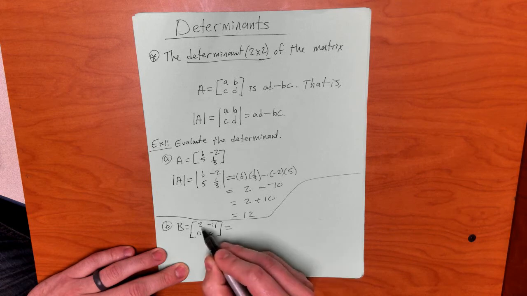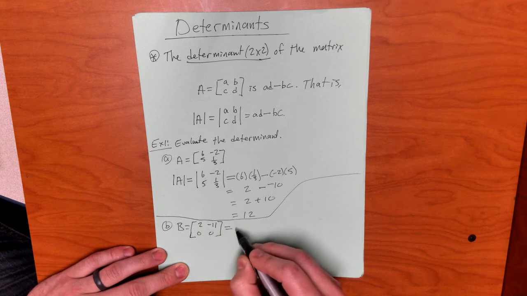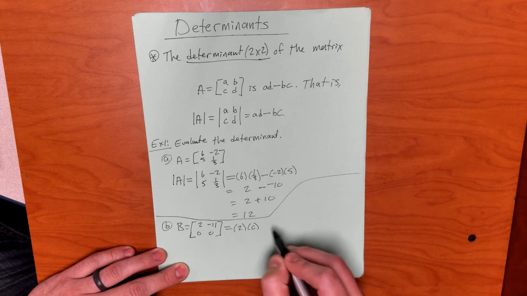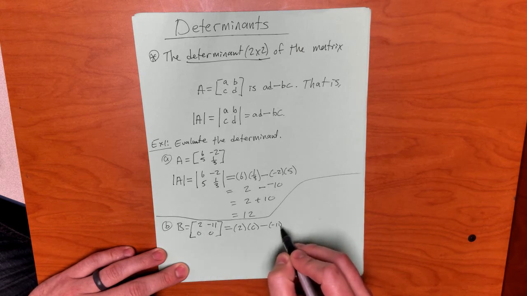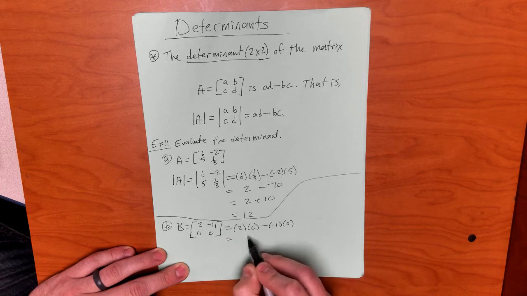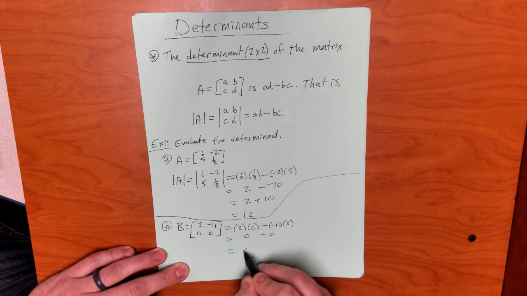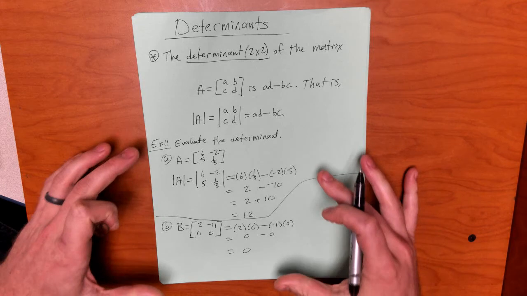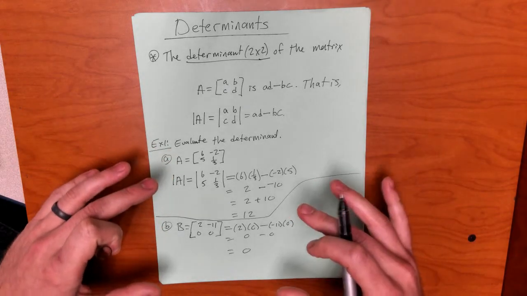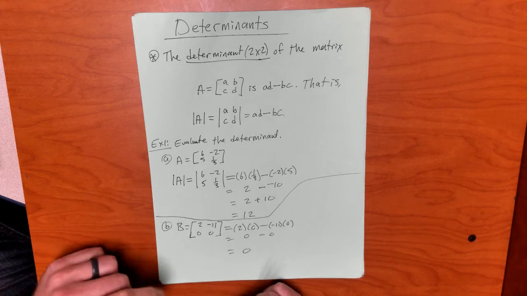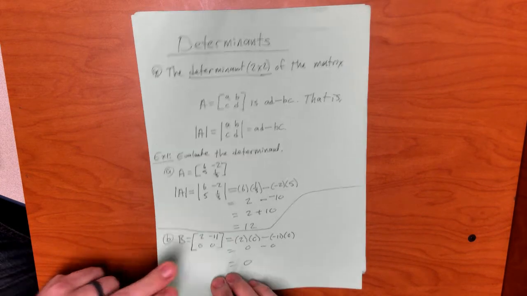Alright, the first diagonal, 2 times 0, minus the other diagonal, -11 times 0, which is 0 minus 0, which is 0. And this is a little subpart of what we're going to get to in Cramer's rule. This is just helping you learn the individual pieces of Cramer's rule. All right, so that's 2 by 2.